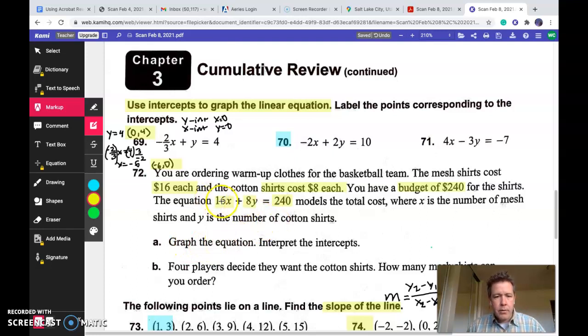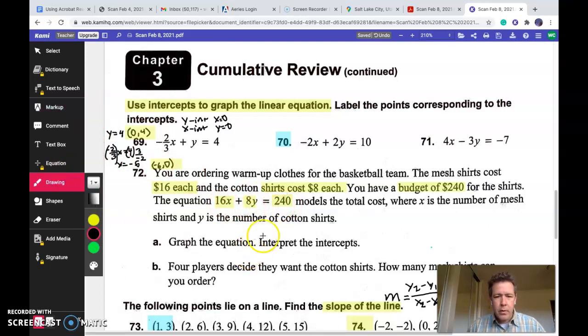Same deal. We're going to find the two intercepts for this equation. All right, so I'll get out my drawing tool, and what we're going to do is solve 16 times 0 plus 8y equals 240.